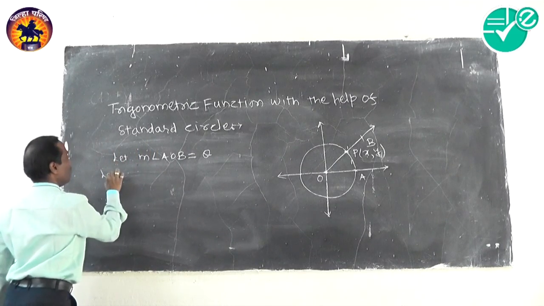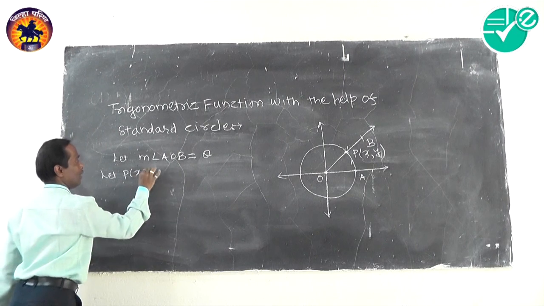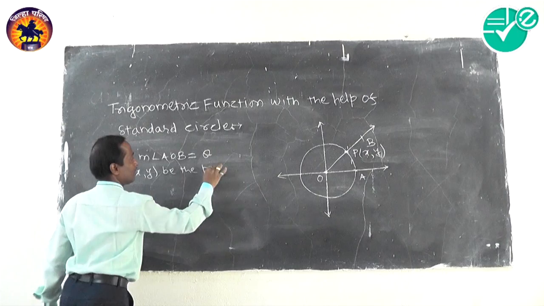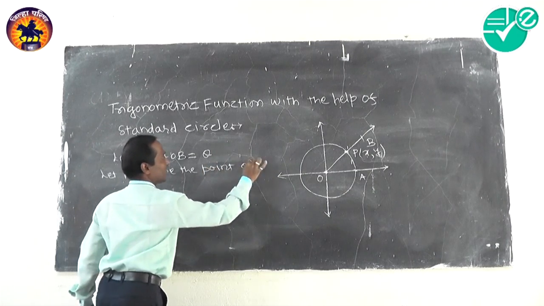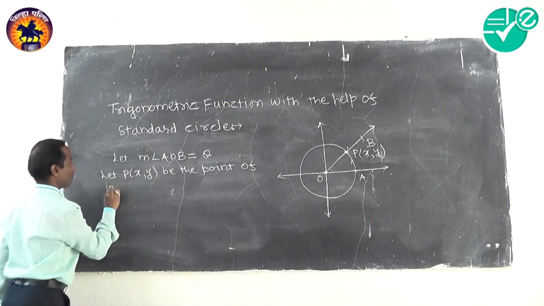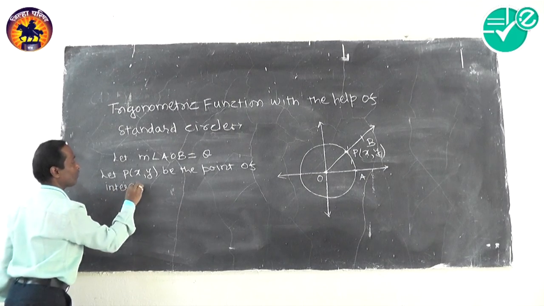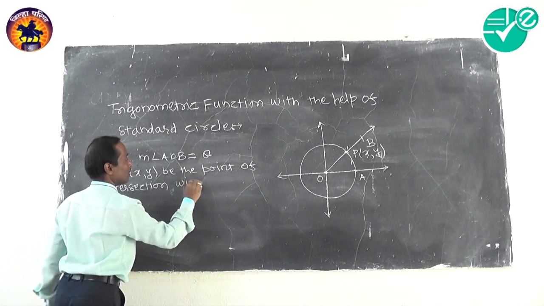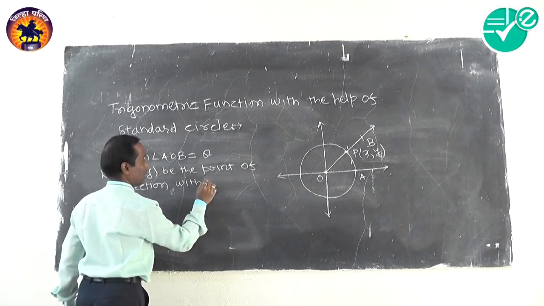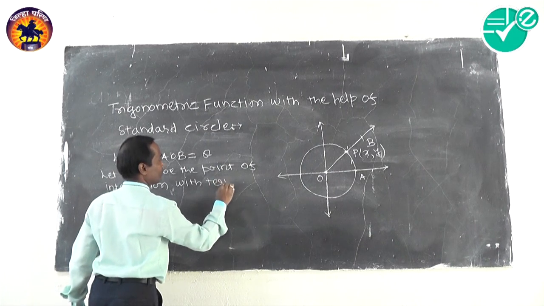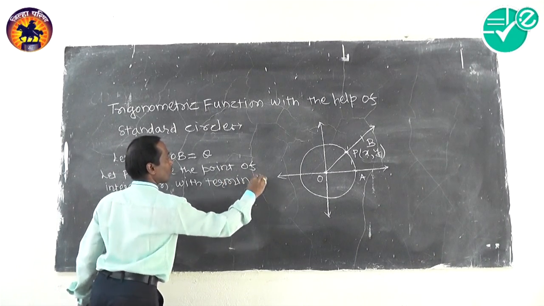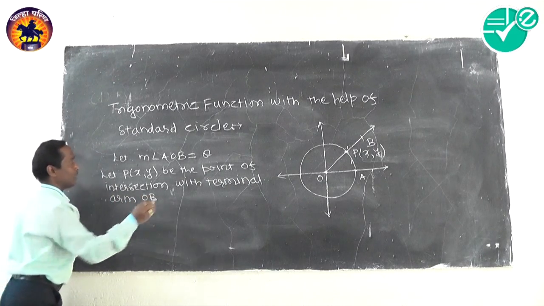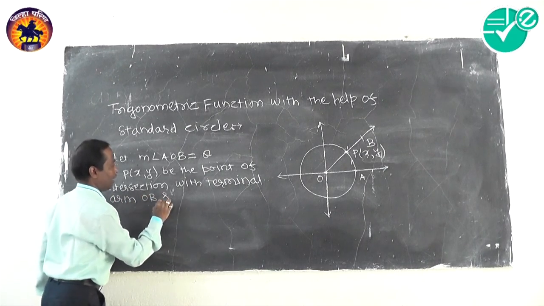Let P(x, y) be the point of intersection of terminal arm OB and circle.